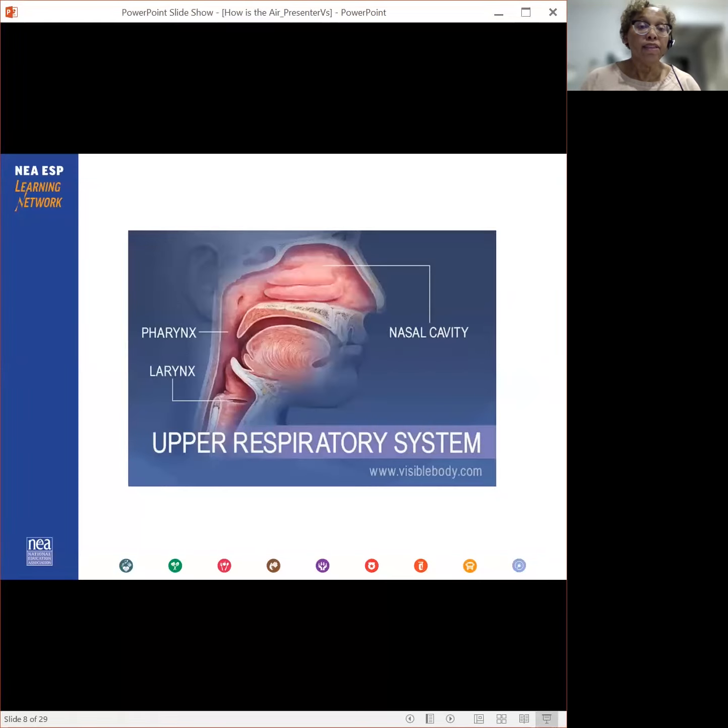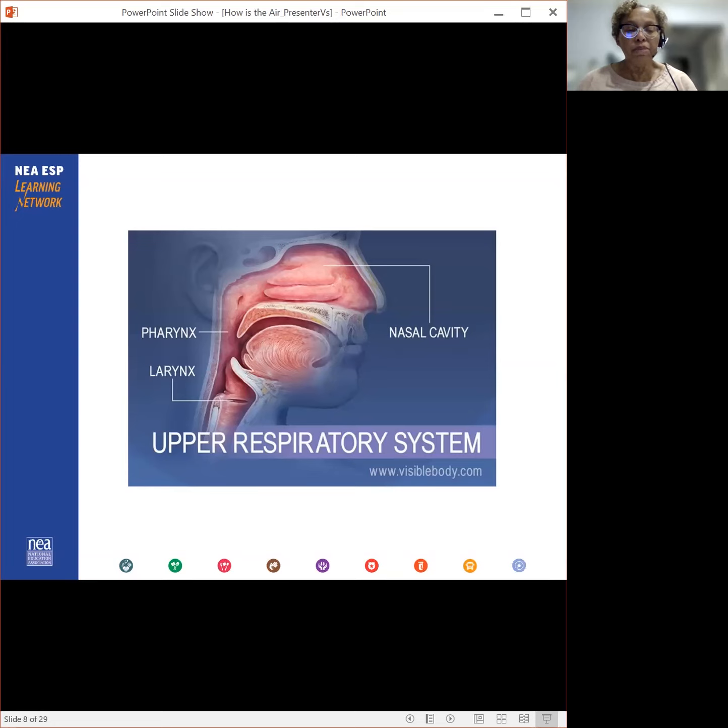Next slide. The upper respiratory system, or upper respiratory tract, has a main function of warming and filtering the air of the particles that we inhale. Obviously, it does not filter all particles, and it's not successful in being able to do that.